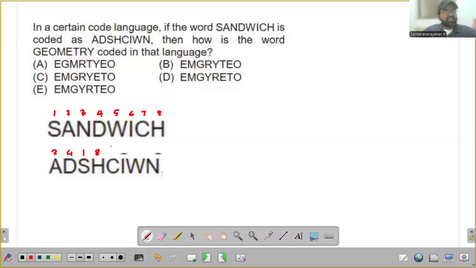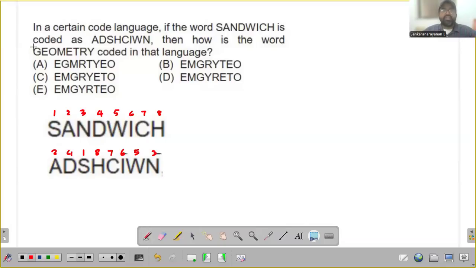Okay, so the technique is based on the positioning of those letters. Okay, so 2, 4, 1, 8, 7, 6, 5, 3. This is 7, this is 6, this is 5, this is 3. That is the order in which the letters are presented.